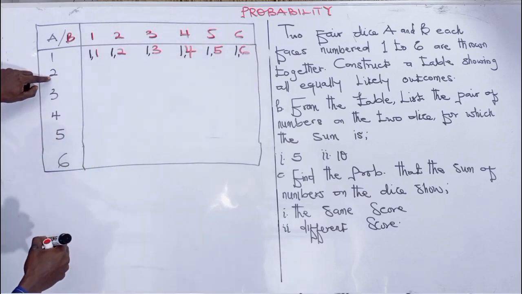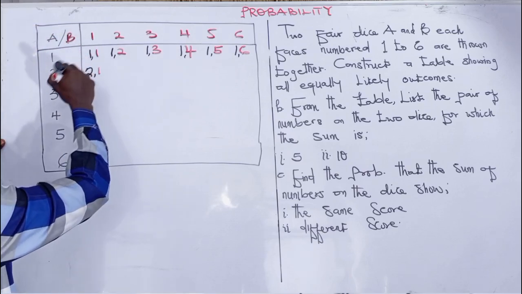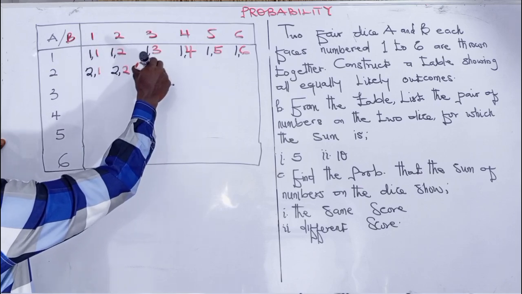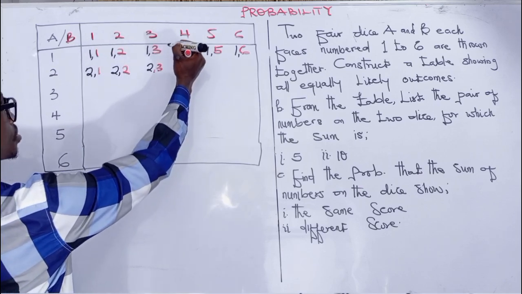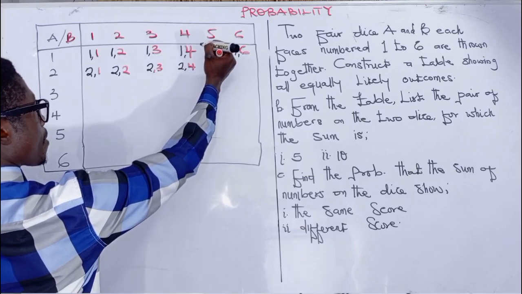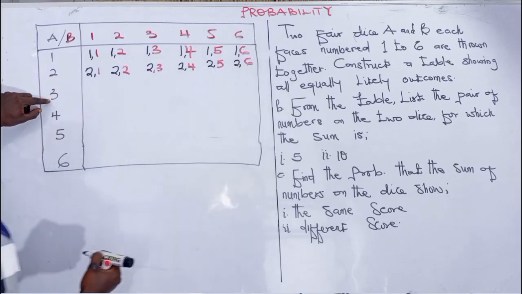Then move on to the number 2, 2 and then 1, so we have 2, 1. We have 2, 2, 2, 3, 2, 4, 2, 5, and then 2, 6. Then move on to 3.